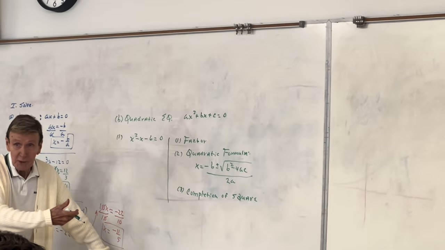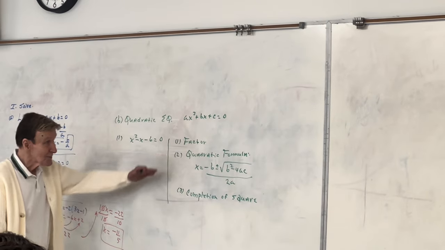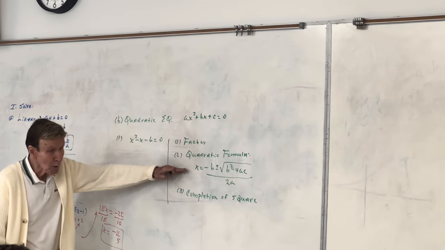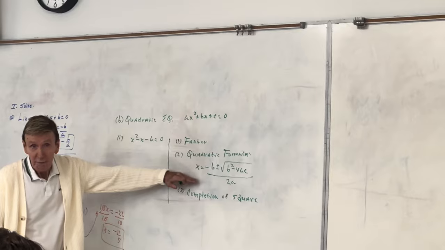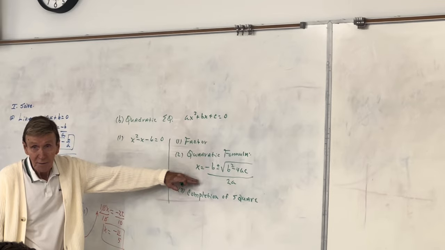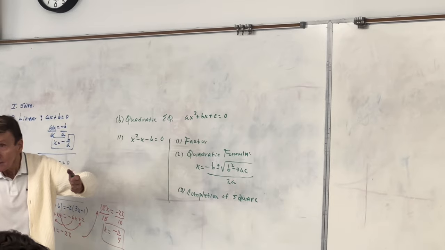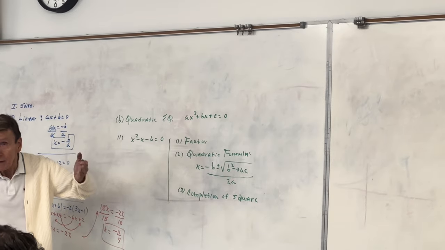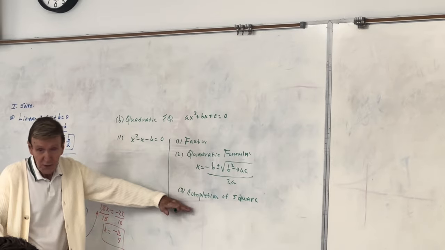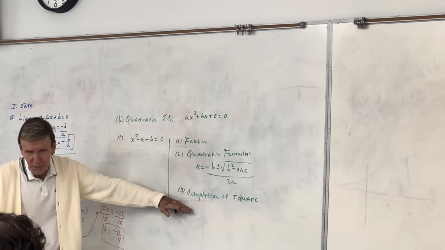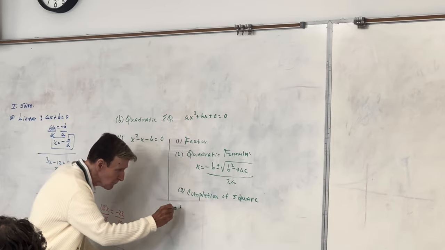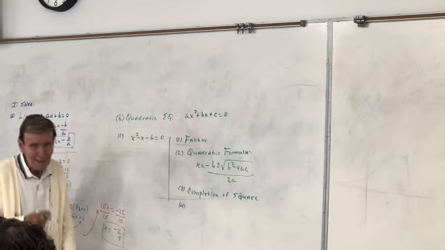I haven't even shown you completing the square yet. Besides factoring, besides quadratic formula, by the way, this quadratic formula, I love it because it always works. It always works. So if I do not insist that you show me factoring, you can turn to the quadratic formula to solve all these quadratics. It always works. Completing the square, which I haven't shown you yet, it's a little lengthy, but I can think of one more method myself to find the answers.